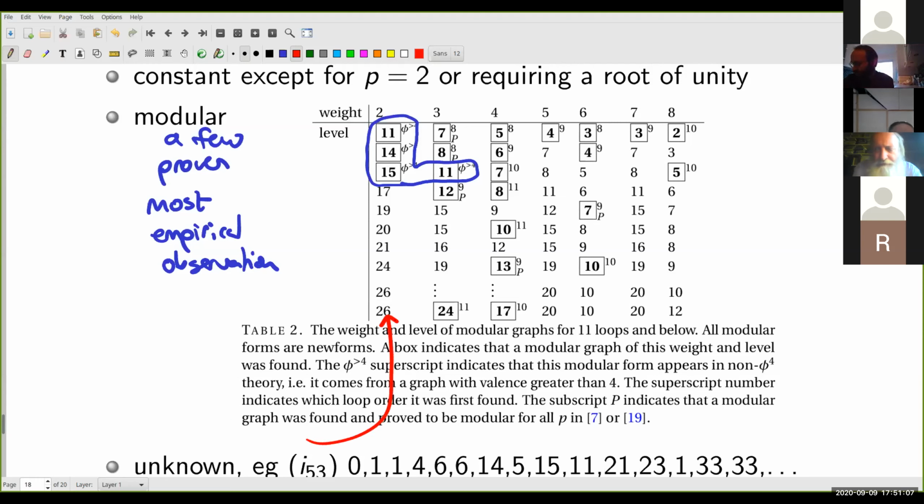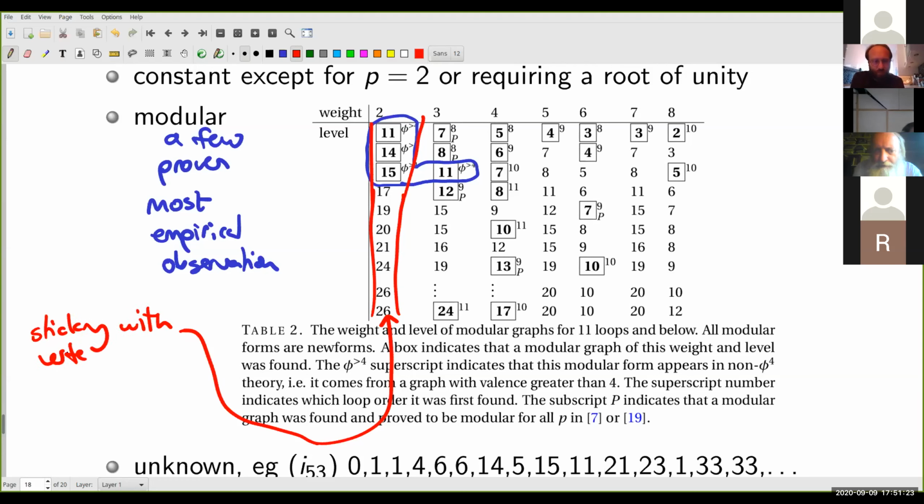So this column here, I've kind of marked it over, but remember those ones were all ones that required vertices that were degree more than 4. So sticking with vertex degree less than or equal to 4, you get no elliptic curves.